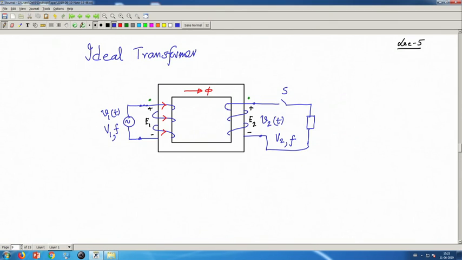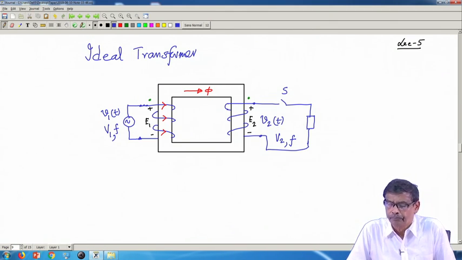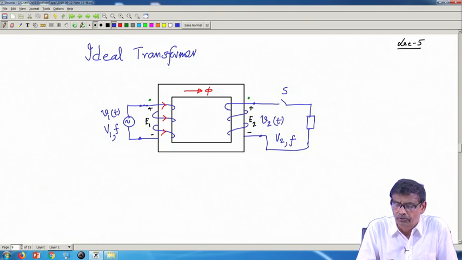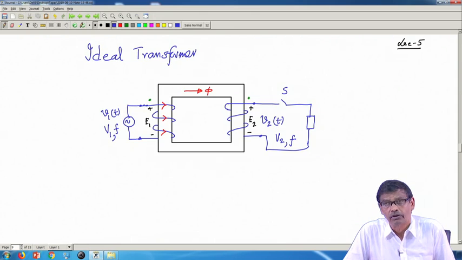Another thing I did not tell you, but can add right now, is that there is no core loss in the magnetic material of the core. We will see later what core loss is, which comprises eddy current and hysteresis loss.